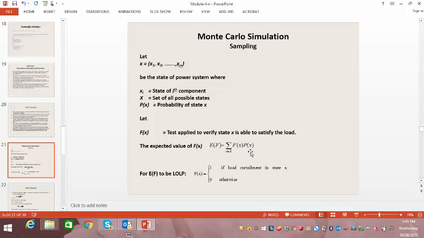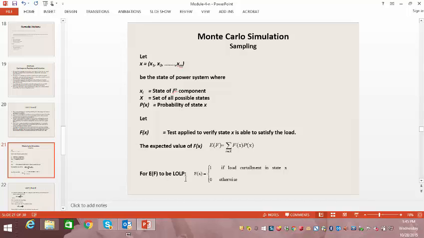So this is how you calculate it: x is a random variable, and f(x) is a function of this random variable. So this is how you find the expected value of a function.